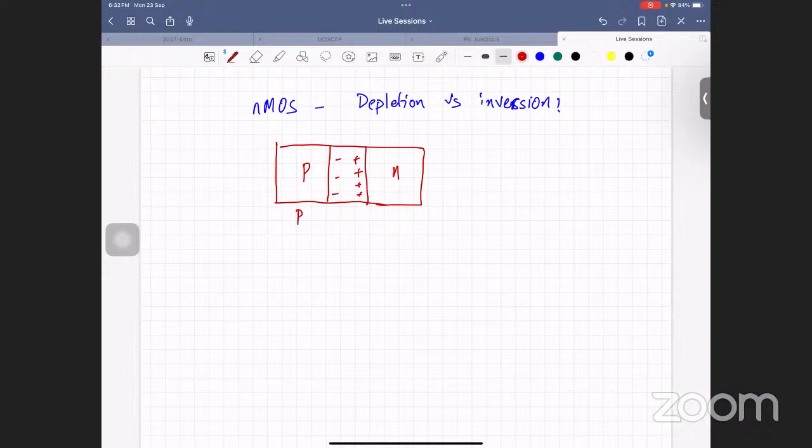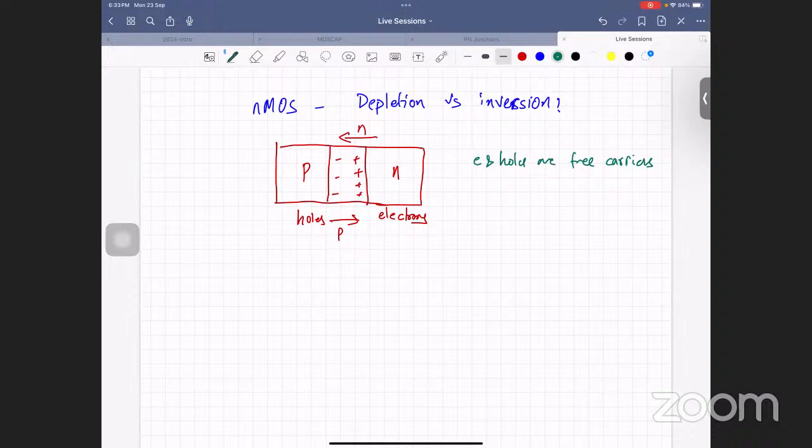This is P-type, right? Lots of holes are there, excess holes. And on the other side, you have excess electrons. Because of this, there's a diffusion of carriers, holes from the P-type to N-type, and similarly electrons from N-type to P-type. These are free carriers. Electrons and holes are free carriers, meaning they can freely move around in the lattice.